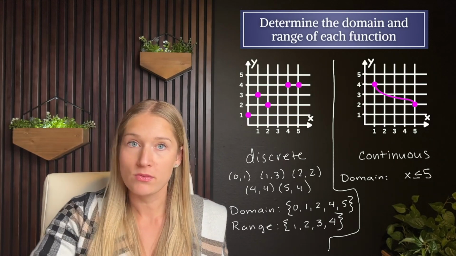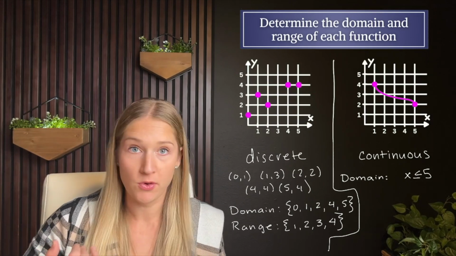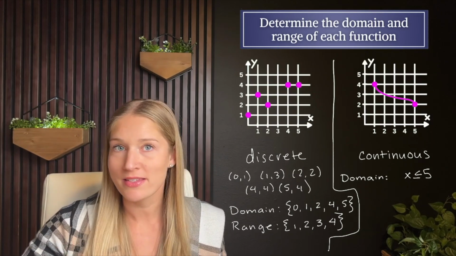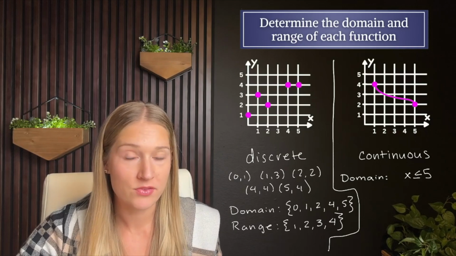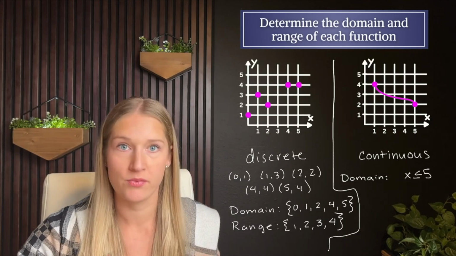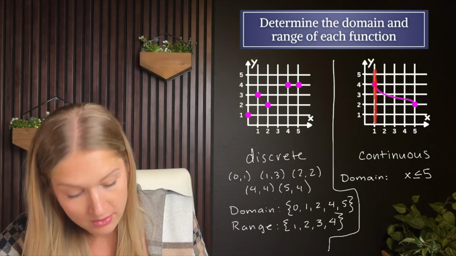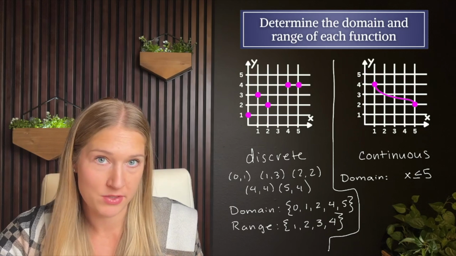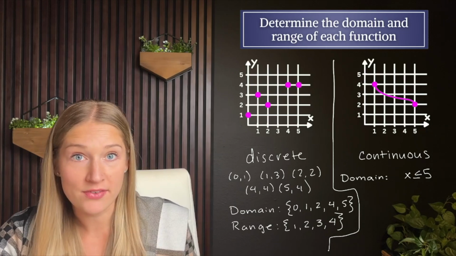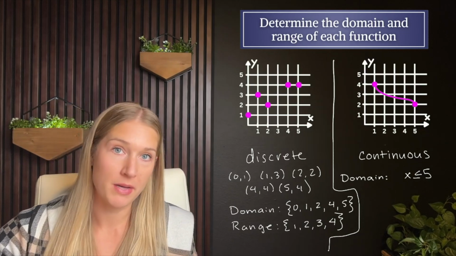But we can't go less than or equal to 5 forever, because that includes numbers like 4, 3, 2, 1, 0, -1, -2, and my pink curve doesn't hit 0 or -1 or -2. My pink curve actually stops here. That's as far left as I'm allowed to go. The farthest left I'm allowed to go is 1, and that gives us our lower boundary.